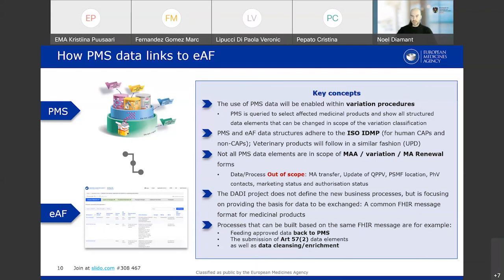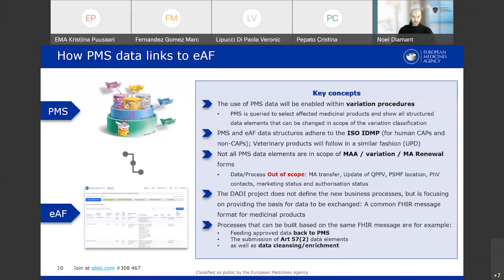For now, I can only tell you we will start with the processes of variation, MAA, and renewal, and have the elements that are required there, which are already nearly all of them. Now, of course, we are looking in the future to things like MA transfer, updates of QPPVs, PSMF locations, PHV contacts, marketing authorization status. So these are the things that are missing to have a complete PMS product.